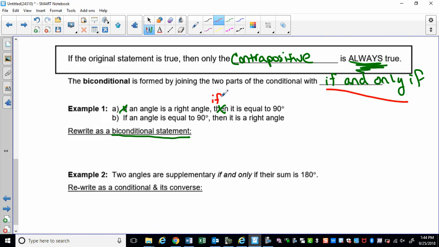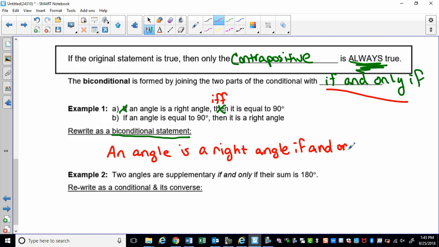Sometimes you'll see it like this, IFF. And I'm just going to rewrite it for you. An angle is a right angle if and only if it is equal to 90 degrees.